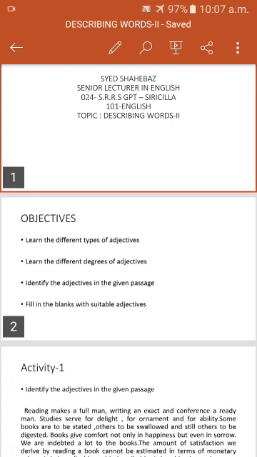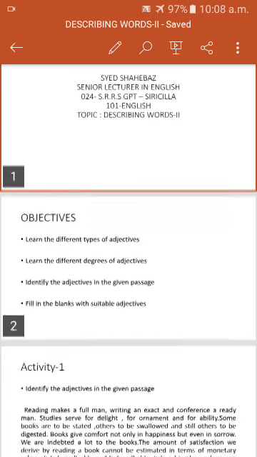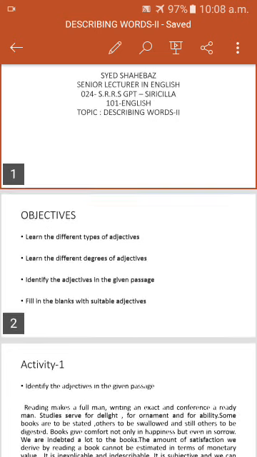What a blessing! What is exclamatory adjective. Emphasizing adjectives. We emphasize the things. So these are all adjectives, and this is the gist of the previous lecture. We have done some exercises also. Come to this lecture.